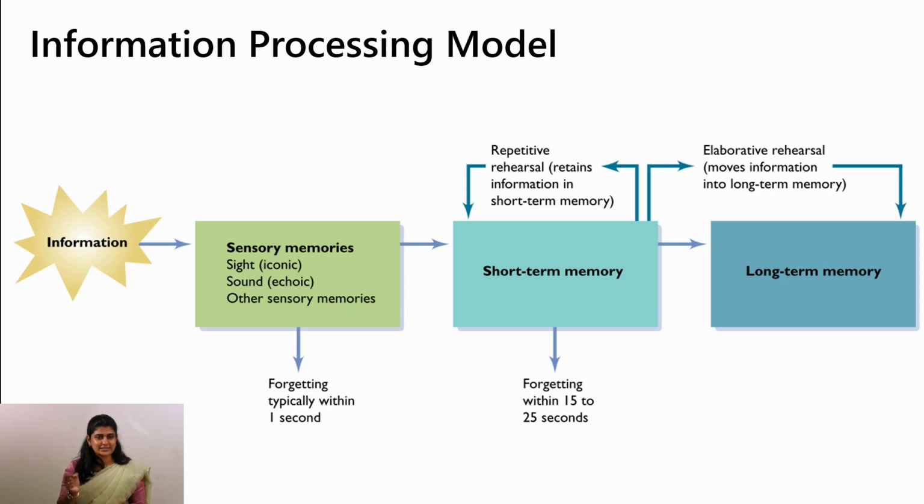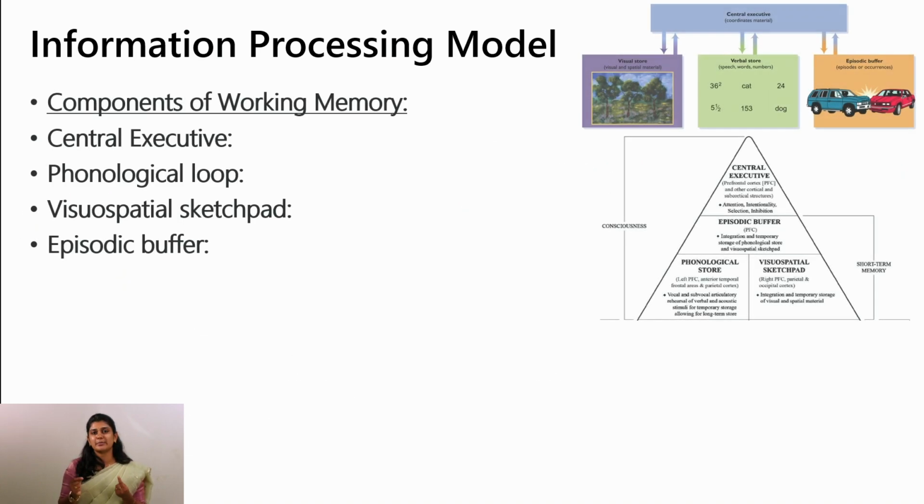Both models aim to explain how memory works and highlight its importance in learning and cognition. They provide frameworks for understanding the cognitive processes involved in transforming initial perceptions into long-term memories. By examining these two perspectives, we can gain a comprehensive understanding of memory's complexities and apply this knowledge to enhance our learning strategies.